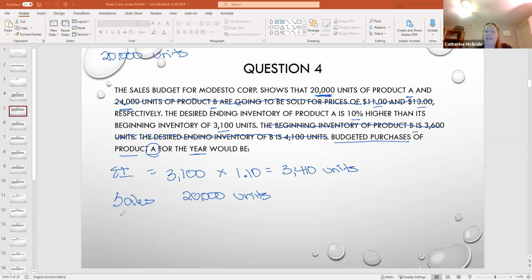I had in ending inventory an additional 3,410 units. I'm going to take out what was in the beginning inventory, 3,100 units, which means that my budgeted purchases of product A was 20,310 units.